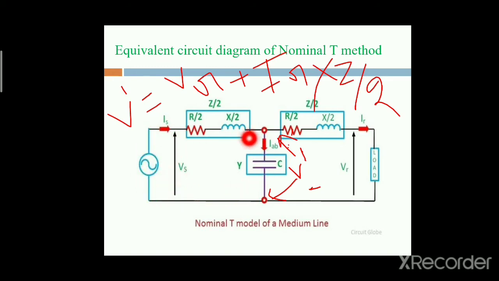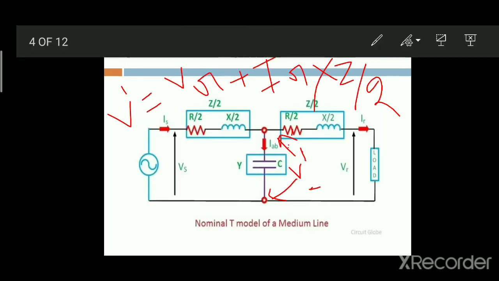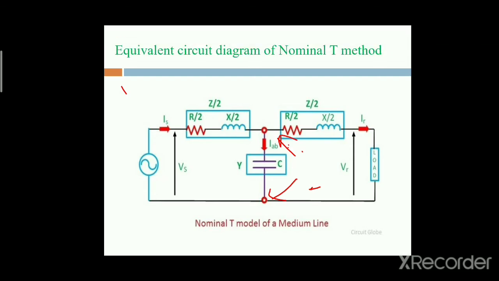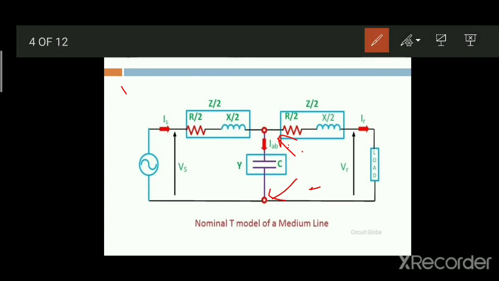Then next, what is the formula for Vs? Apply KVL in this loop, then we obtain Vs is equal to V dash plus Is into Z by 2. Okay, what is the formula for the sending end voltage? This is the V dash.